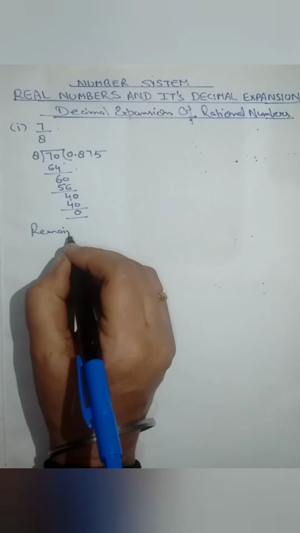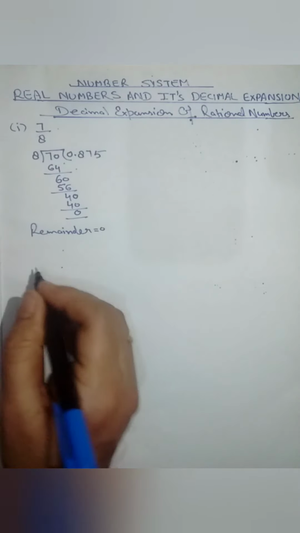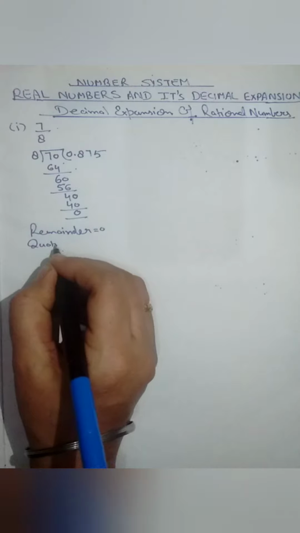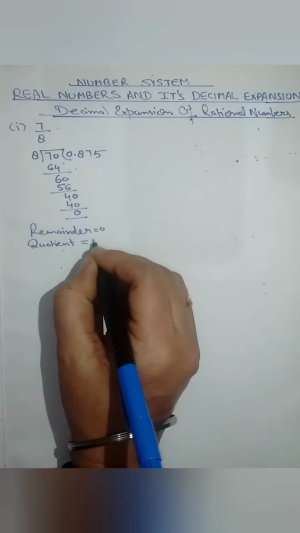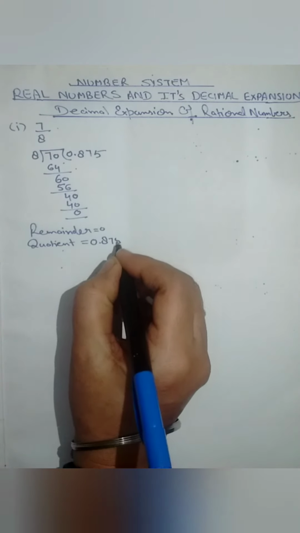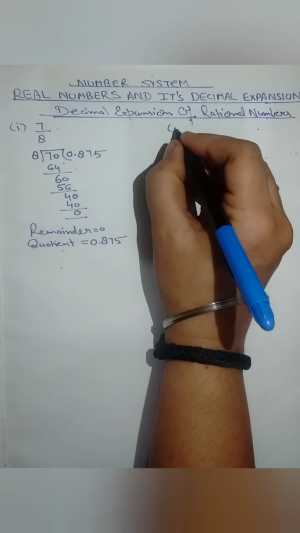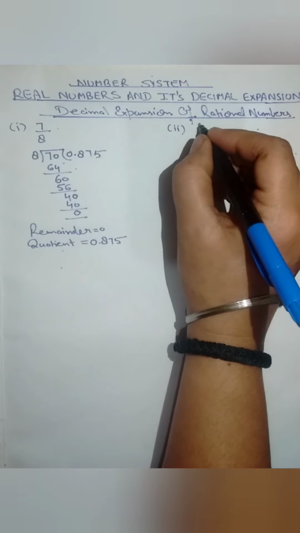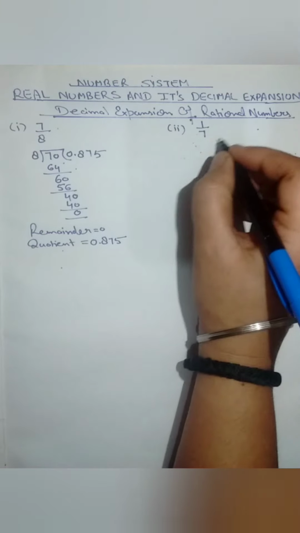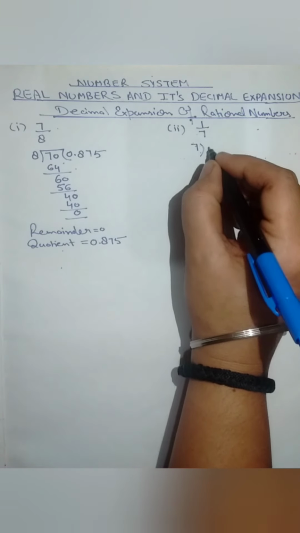In this case we get remainder equal to 0 and quotient is 0.875. We are taking one more rational number, that is 1 by 7. Here 1 is dividend and 7 is divisor.